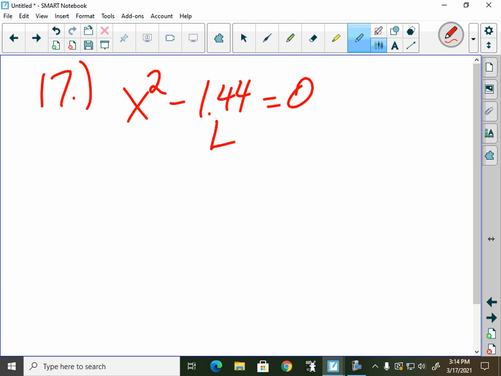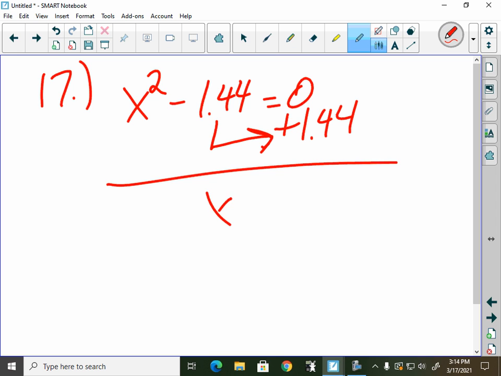Move that over. That would be plus 1.44. That's a big plus sign. x squared equals 1.44. Do the square root of 1.44. And we did the same problem yesterday, didn't we? X is plus or minus 1.2. Oh, well, that wasn't that bad.